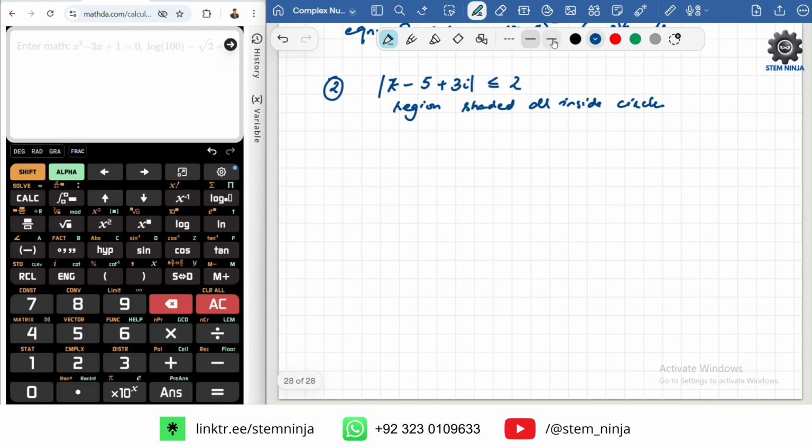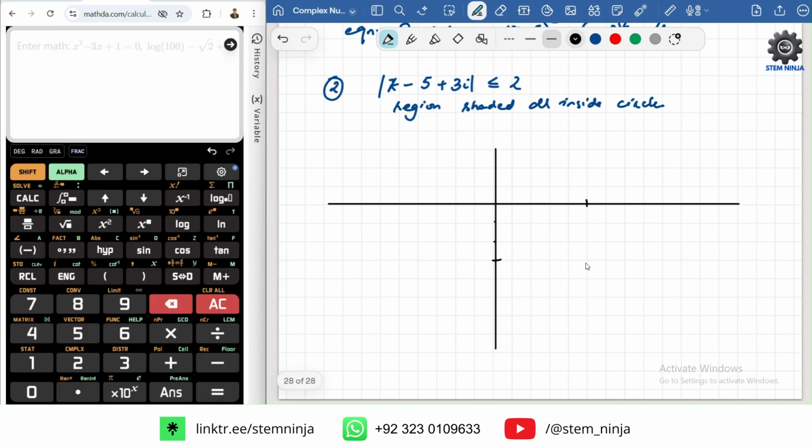For example, we'll just draw this Argand diagram. So this was (5, minus 3). So 1, 2, 3, 4, 5 and 1, 2, 3, right? And the radius was 2.